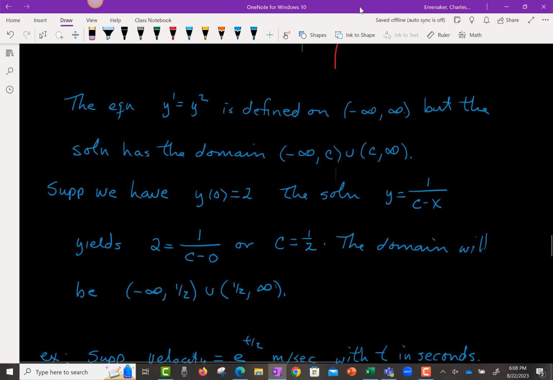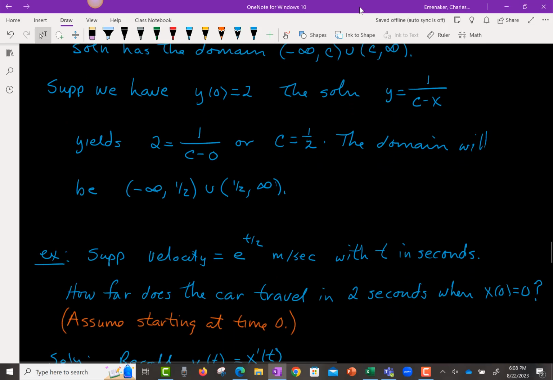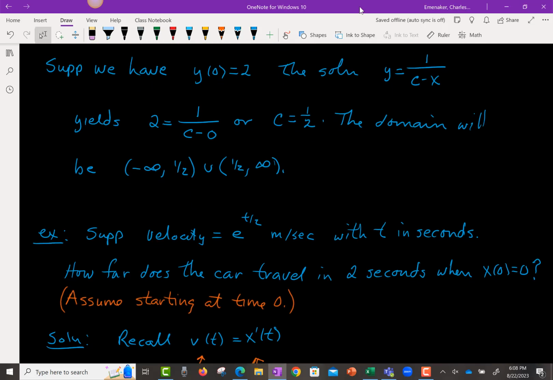If we have an initial condition, for example, y of 0 equals 2, I just made up something. The solution, y is equal to 1 over c minus x, is going to give us, well, let's see, the y value is 2 when the x value is 0. When I substitute those values in for y and x, I can then solve for c, and I get a c value of 1/2.